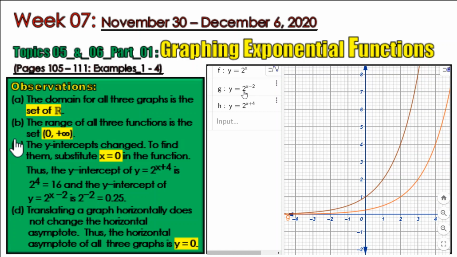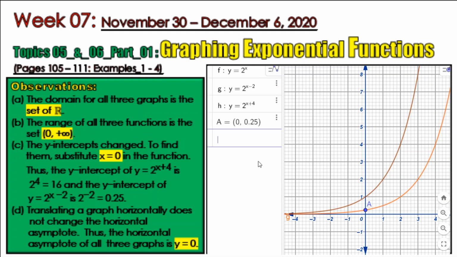So we have 2 raised to negative 2, which is equal to 1 over 2 squared, or 1/4, or 0.25, such that the graph intersects the y-axis at 0.25, or 1/4. So your y-intercept is 0.25 or 1/4.